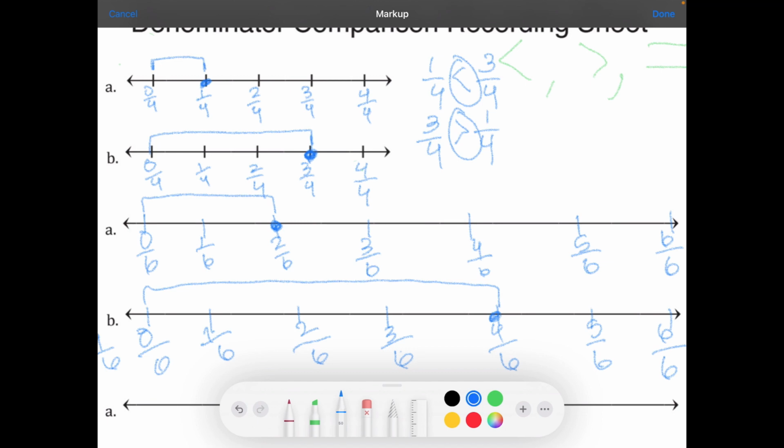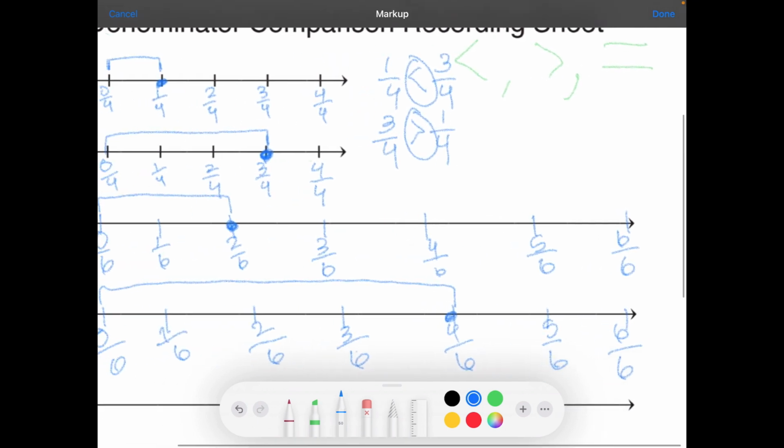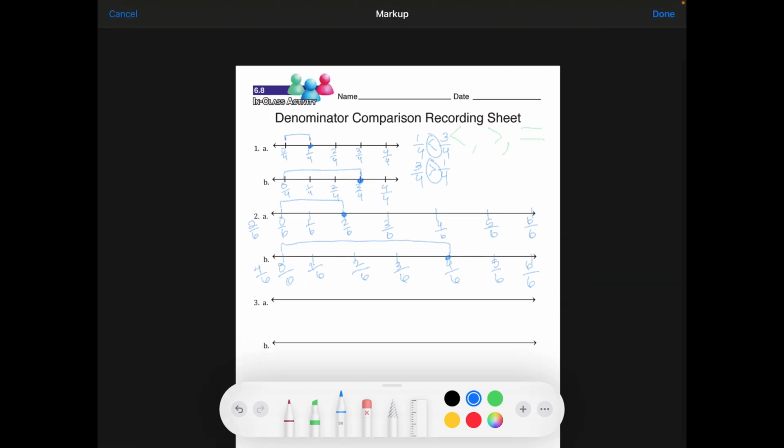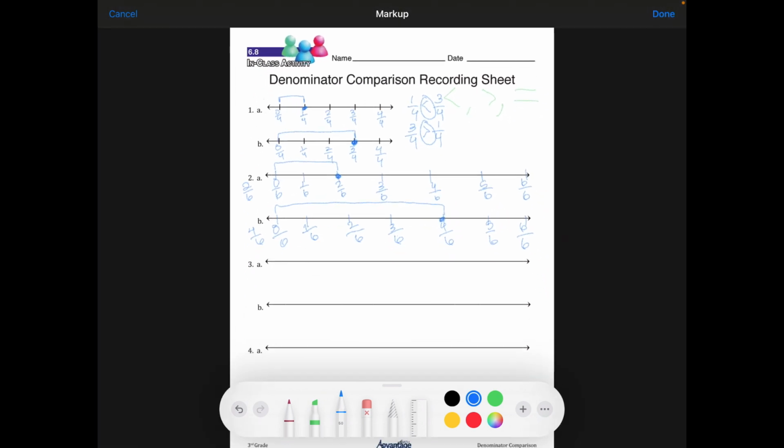Then you would write, and I think this is sometimes the hardest thing, get your sign the right way. So 2/6 is less than 4/6.